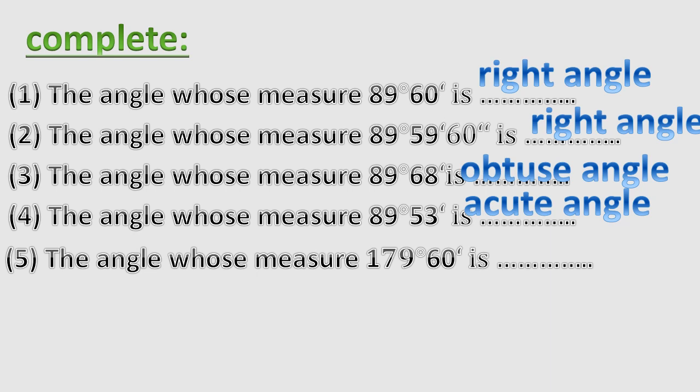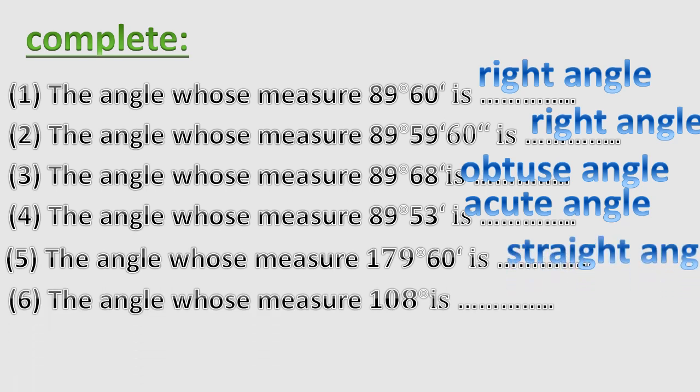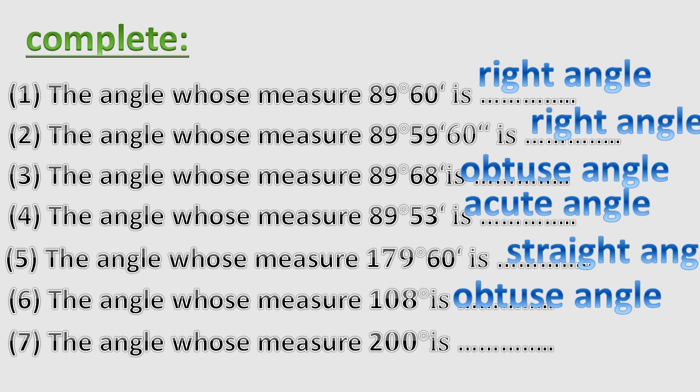The angle whose measure is 179 degrees 60 minutes: 60 minutes equals 1 degree plus 179 gives 180 degrees. It will be a straight angle. The angle whose measure is 108 is obtuse. The angle whose measure is 200 degrees: in Prep 1, we know its type. It will be a reflex angle.